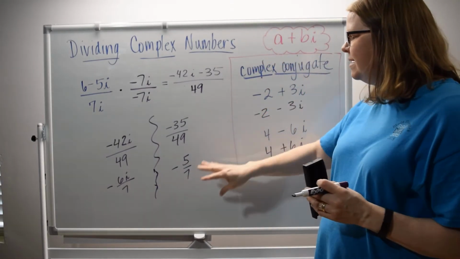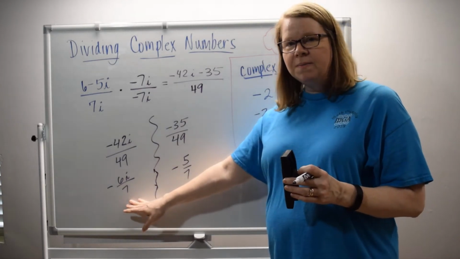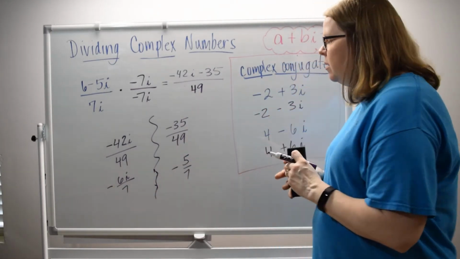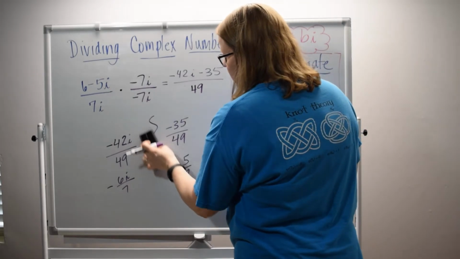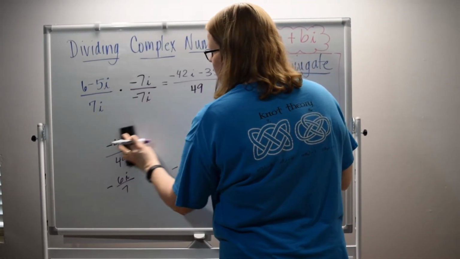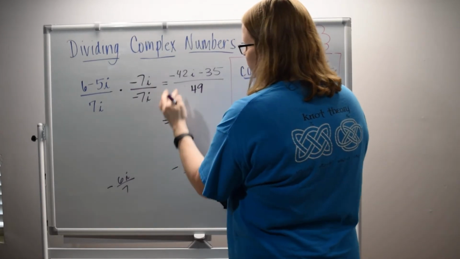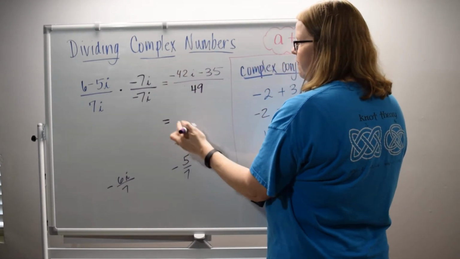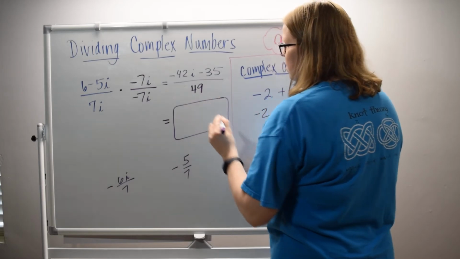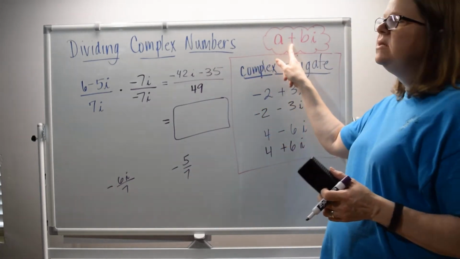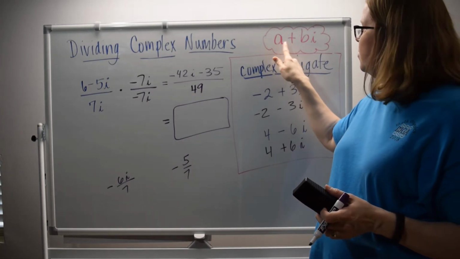So I see that I have the same number on the bottom. That means I have a couple of ways I can write my final answer, because at this point I'm really close to the final answer. So from here, I'm going to write my final answer. And these are my two pieces. This is the standard form for complex numbers, a plus bi.